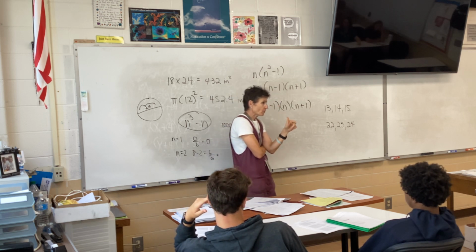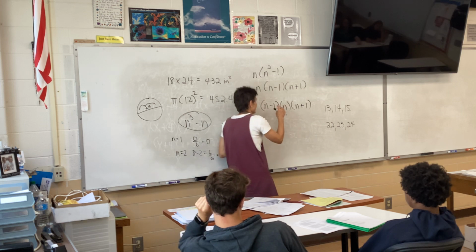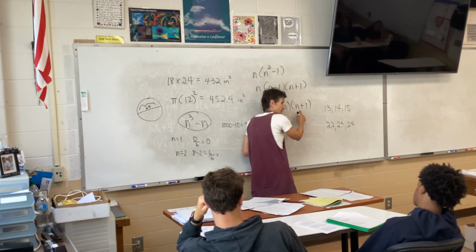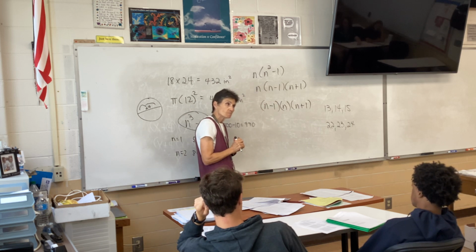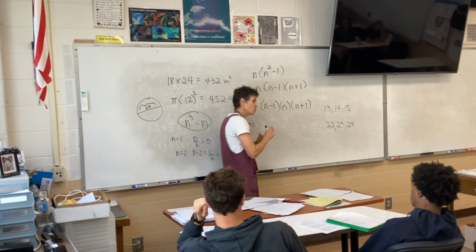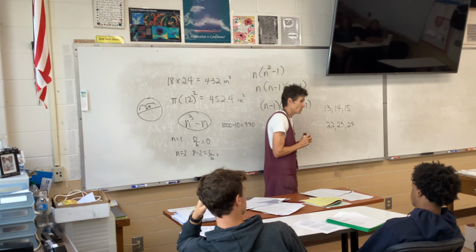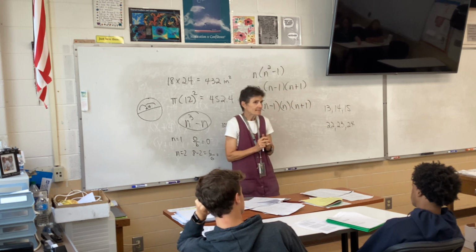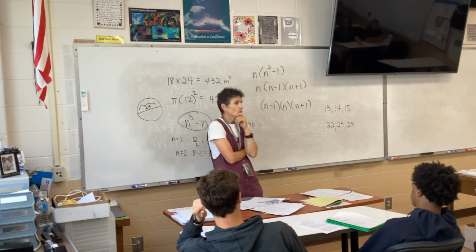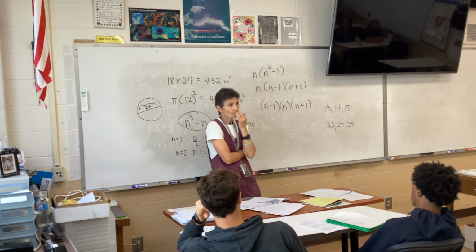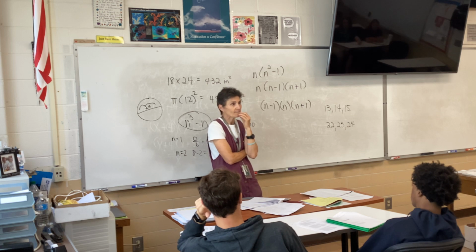And if I am guaranteed that one of these is even, won't that make it divisible by 2? If you have 3 consecutive numbers, aren't you guaranteed that exactly one of them will be divisible by 3? Think about it, 3 consecutive numbers.